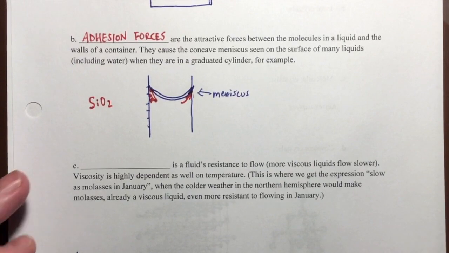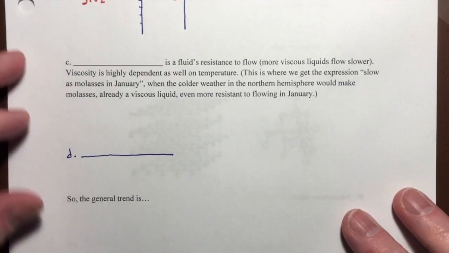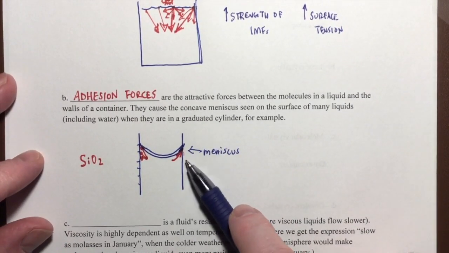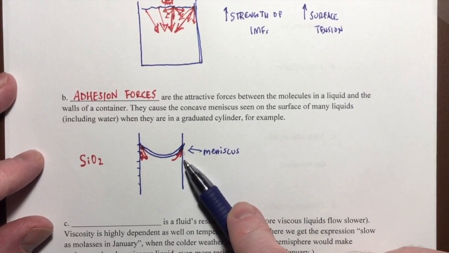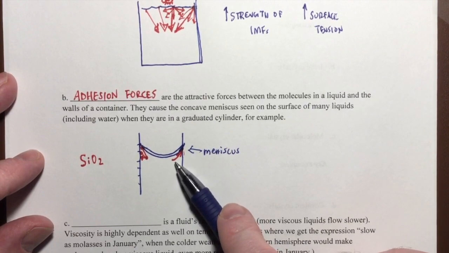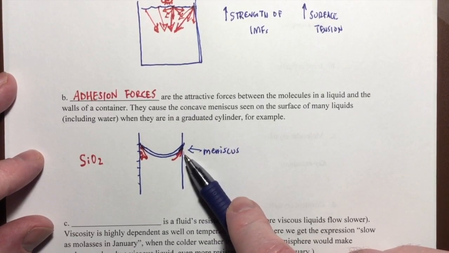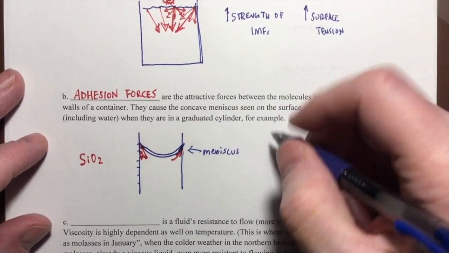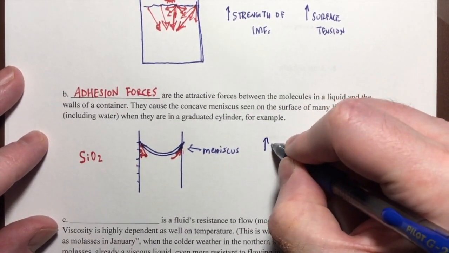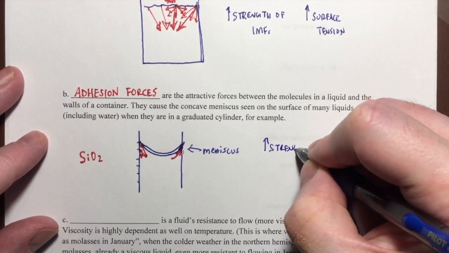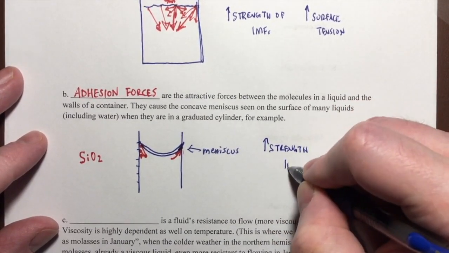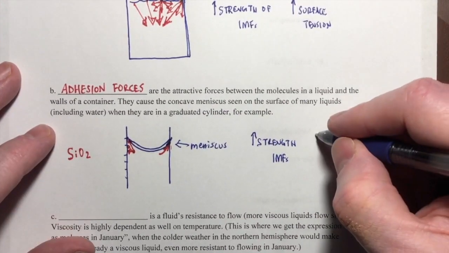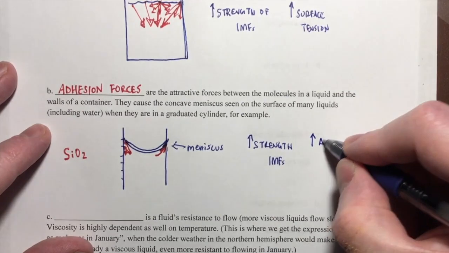All right, moving on, we've got another property of a liquid that is affected by, before we move on, just to make sure that's obvious, the stronger the intermolecular force between the liquid and the material in the glass, the more this effect is going to happen. So, as we increase the strength of the IMFs between the liquid and the glass, we increase adhesion forces.